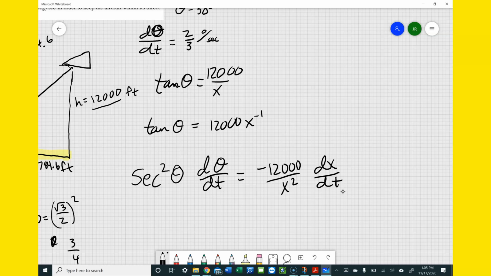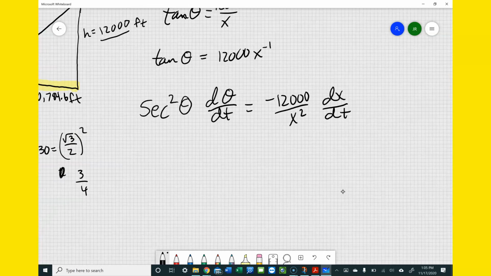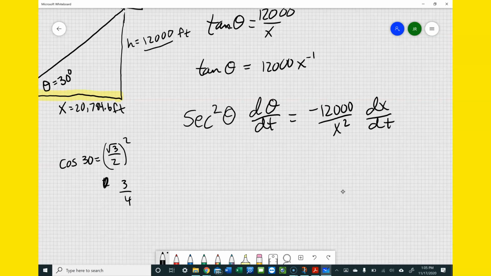Okay, let's go ahead and insert all the numbers that we know now. We know that theta is 30 degrees. Cosine of 30 is root 3 over 2.